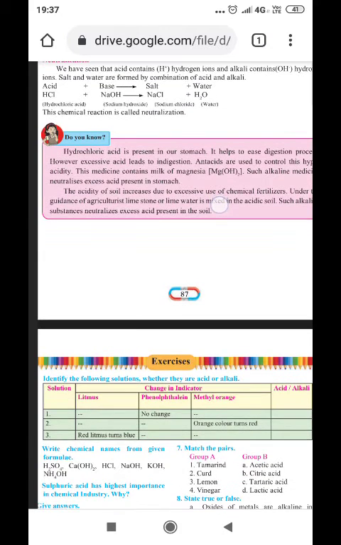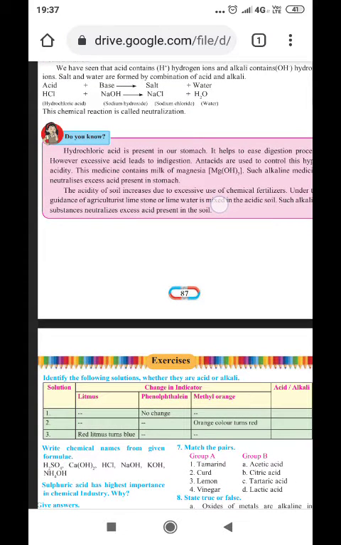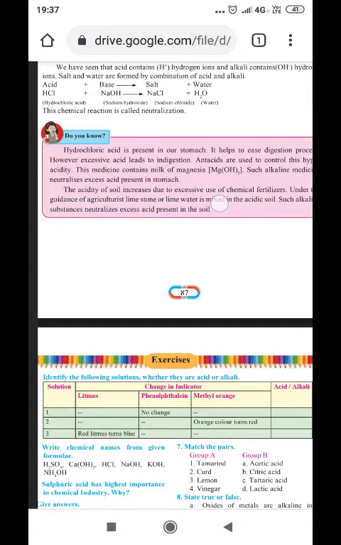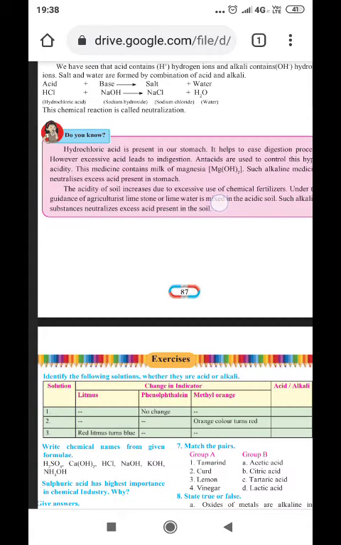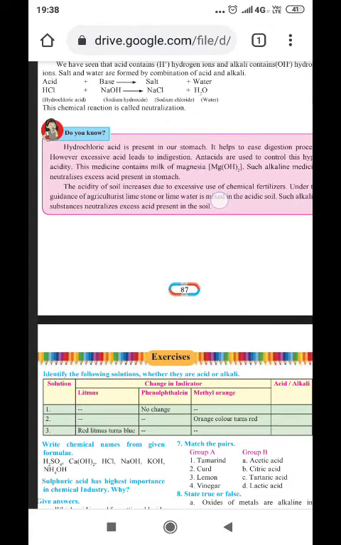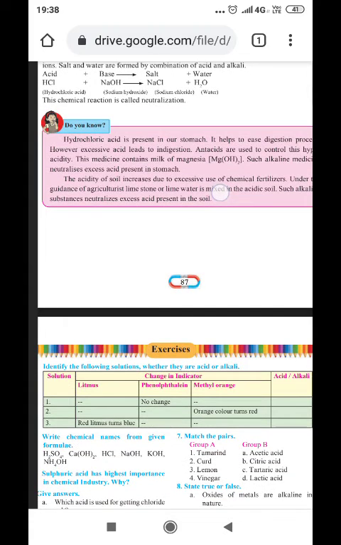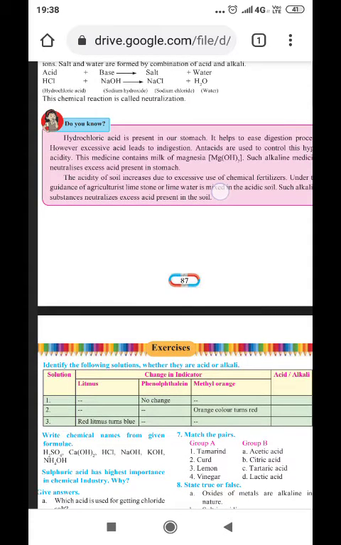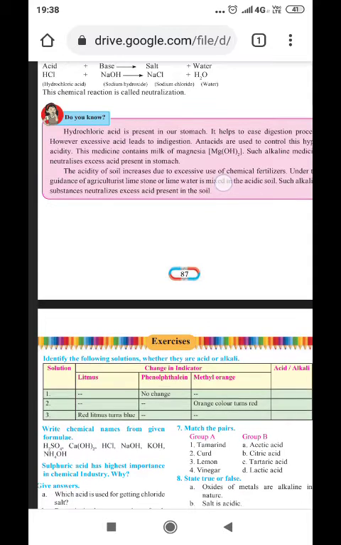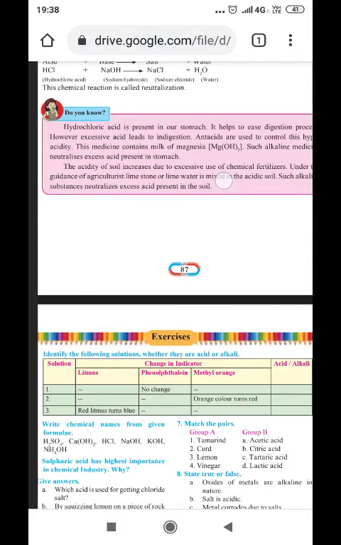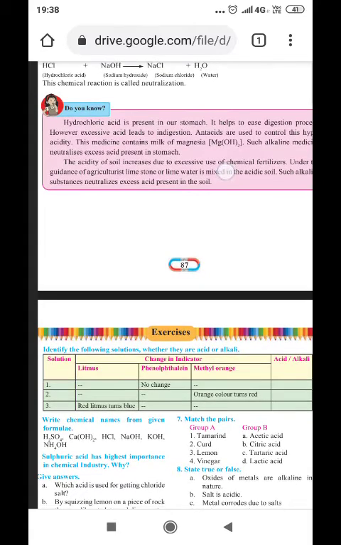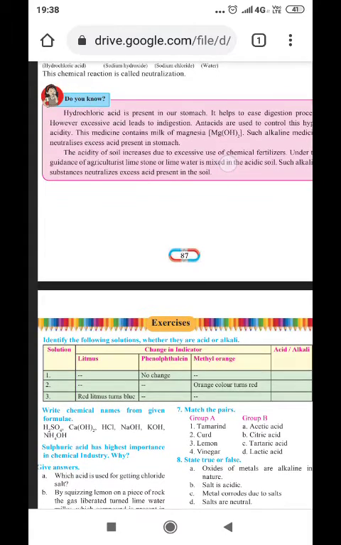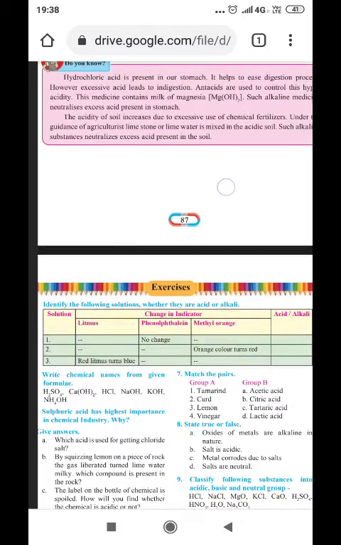We have seen that acid contains H plus hydrogen ions and alkali contains OH minus, that is hydroxide ions. Salt and water are formed by the combination of acid and alkali. Acid plus base gives salt plus water. Example, hydrochloric acid plus sodium hydroxide gives sodium chloride plus water. This chemical reaction is called neutralization.